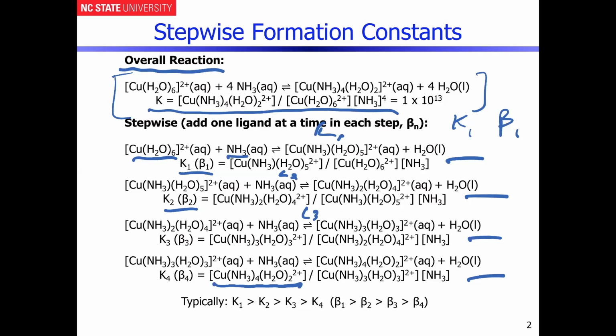The other thing about this, which is very normal, is the first ligand typically goes on much easier with respect to the second ligand. And that means the equilibrium constant for K1 is greater than K2, and putting on the second one has a greater probability than putting it on in the third reaction. And finally, the fourth reaction is typically the lowest in terms of equilibrium constant value.